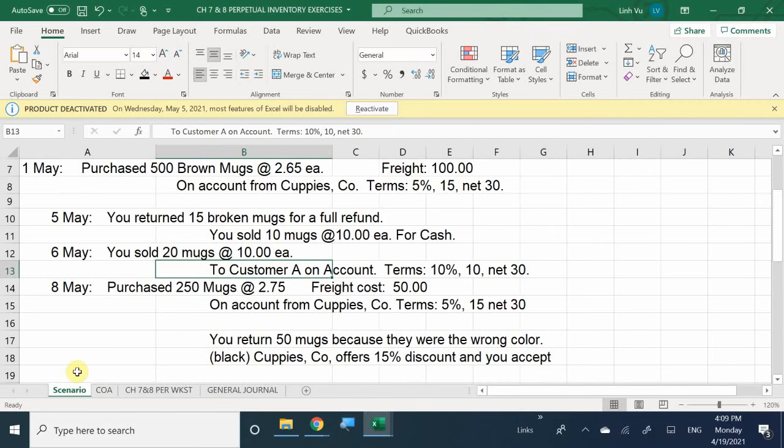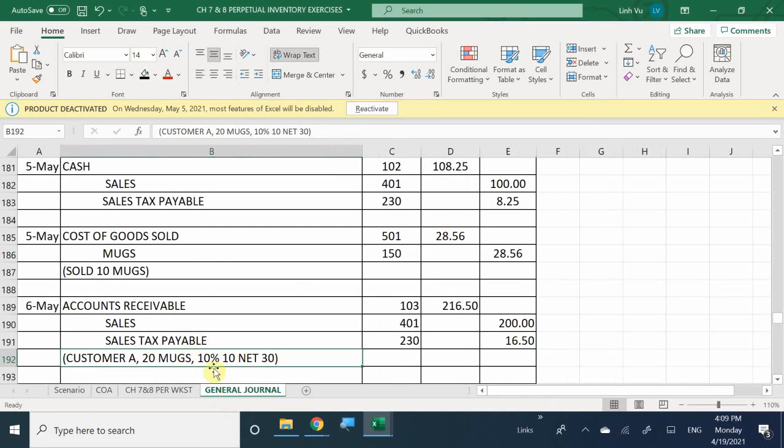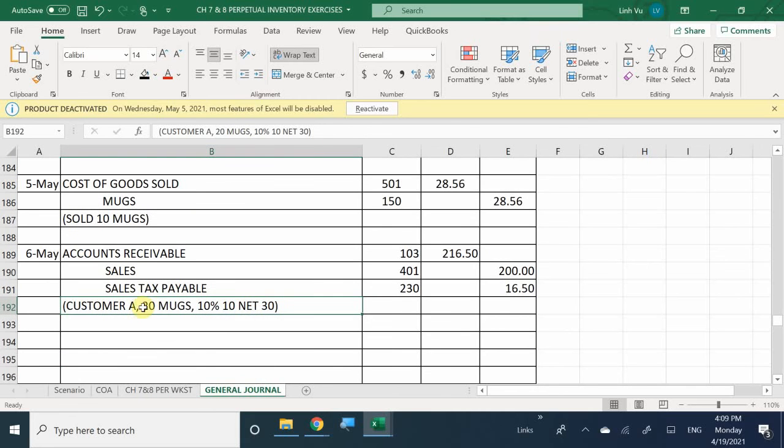Was it 10, 10, 30? Yeah, 10, 10, 30. Okay, perfect. So that means if they pay within 10 days, they can take a 10% discount. But if they miss it, then they just have to pay the whole thing within 30 days. Okay? So there you go. I complete my journal. That is it.